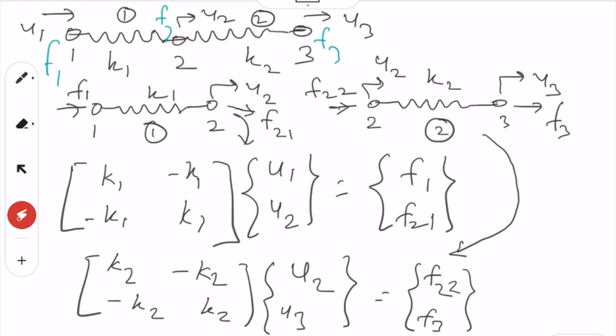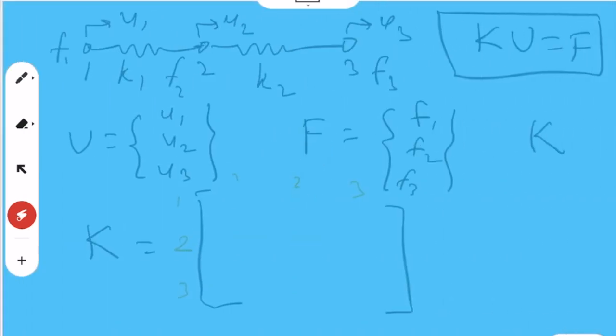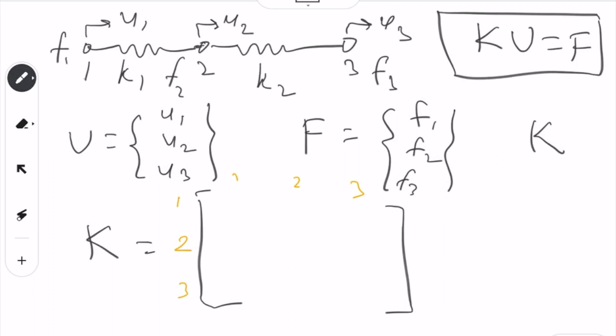So you can say this is K11, this is K12, K21, K22, right. So basically we can straight away write, so K11 is K1 here. Now K12 is minus K1, K21 is minus K1, and K22 is K1.